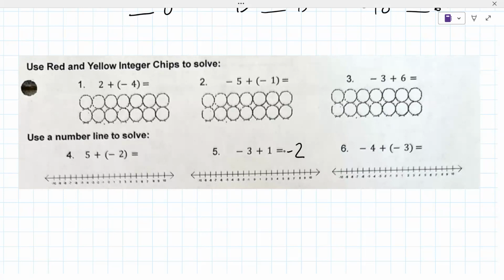For number 1, it's negative 2. Good. For number 2, it's negative 6. Good. For number 3, it's 3. Then for number 4, it's 3. For number 5, it's negative 2. Then for number 6, it's negative 7.